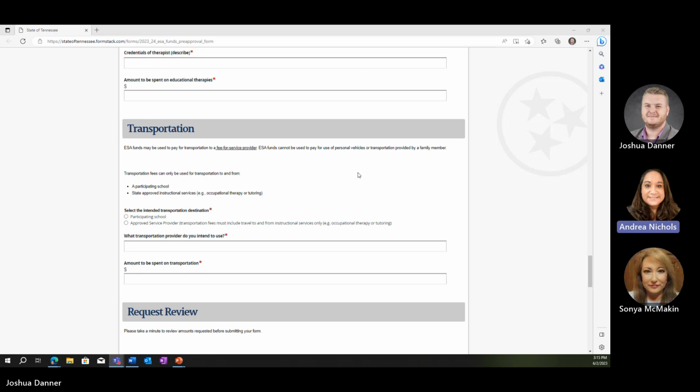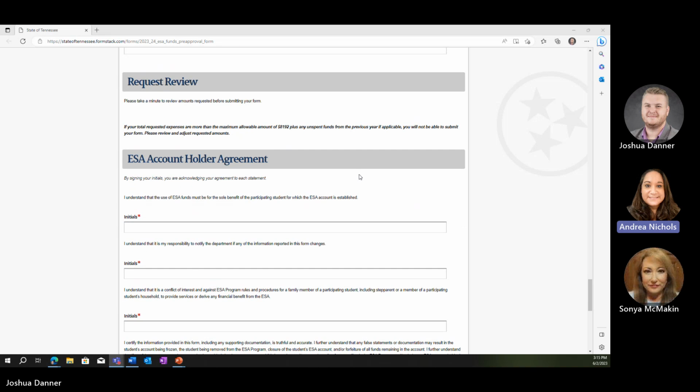After you complete the expenses on the form, please carefully read the assurances. You will agree to these by signing the pre-approval form. The ESA finance team will then verify the expenses meet the ESA guidelines.